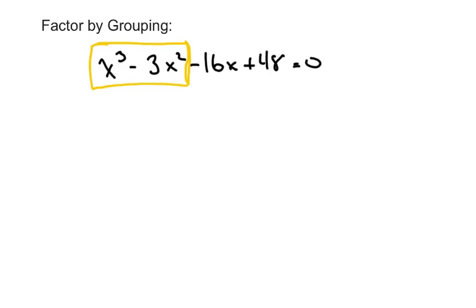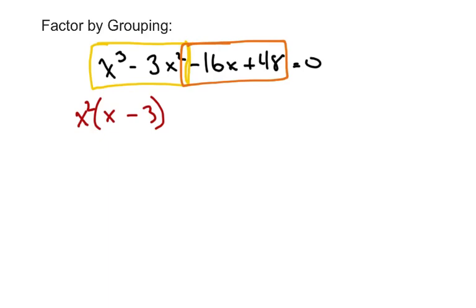All I'm going to do is take out the common factor, x squared, and I'll be left with x minus 3. Now, look at the second half and take out a common factor there. Between negative 16x and 48, the only common factor is negative 16. And we're left with x minus 3.